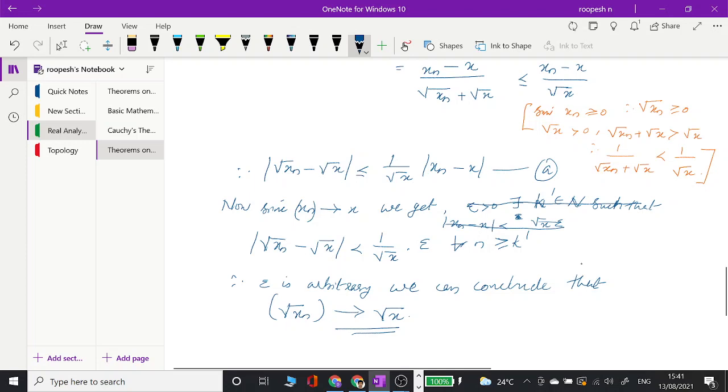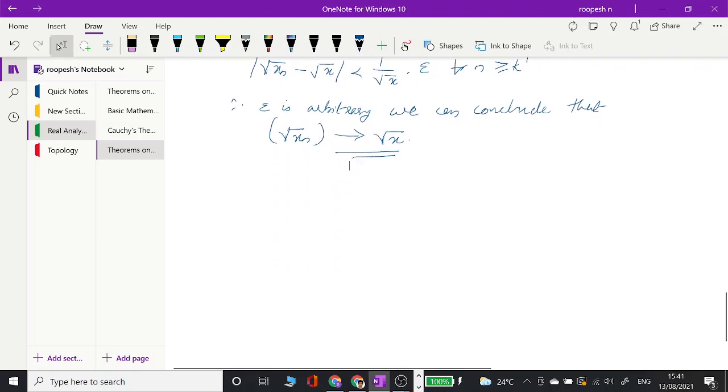Next we have got one more theorem, 3.2.17 theorem.